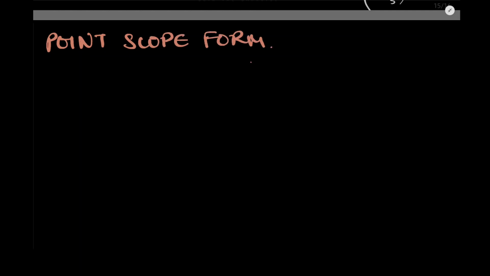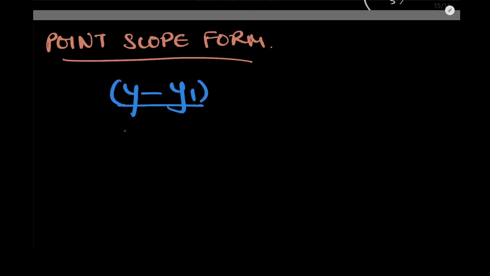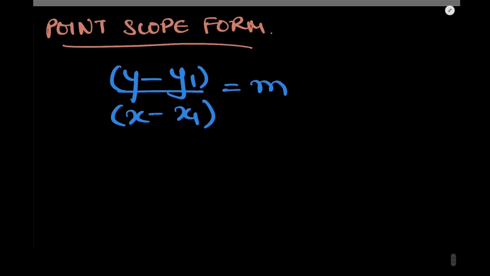Point slope form is y minus y1 upon x minus x1, which is equal to m. m is the slope, y is the y variable and x is the x variable, and y1 and x1 are nothing but any point you can find on that line on the graph.